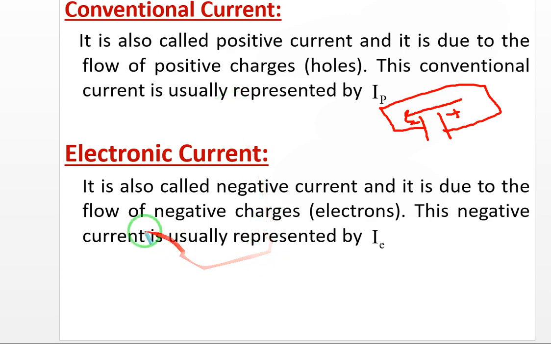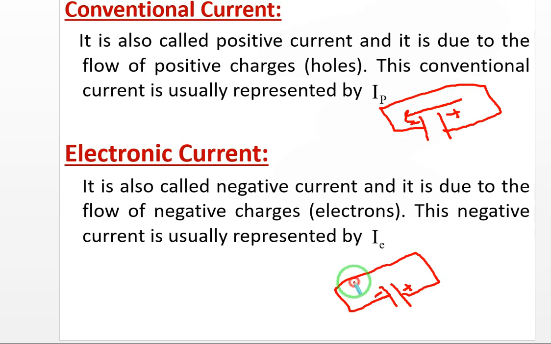So what is electronic current? It is also called negative current, and it is due to the flow of negative charge, or the flow of electrons. This negative current is usually represented by I, or you can just use I. How do we represent it? Let's say this is the battery, with a positive terminal and a negative terminal. This is our circuit.